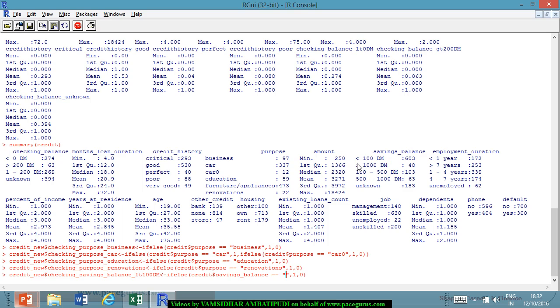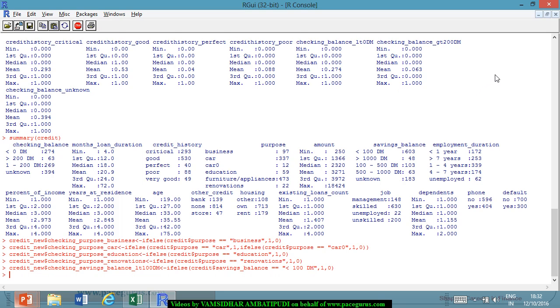This is equal to less than 100 DM. I am assigning this value as 1, otherwise I am assigning this value as 0.